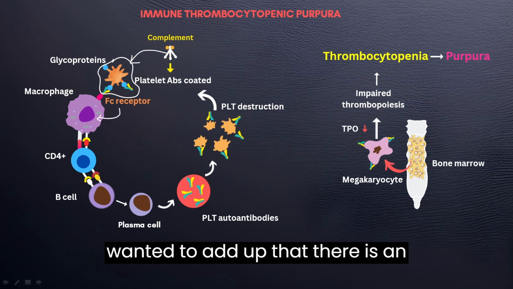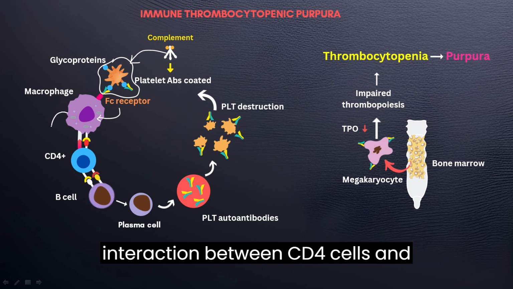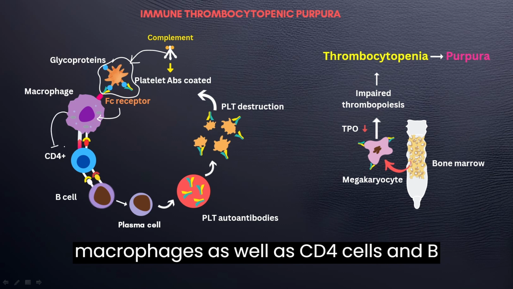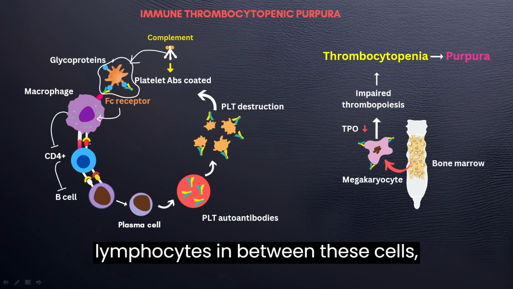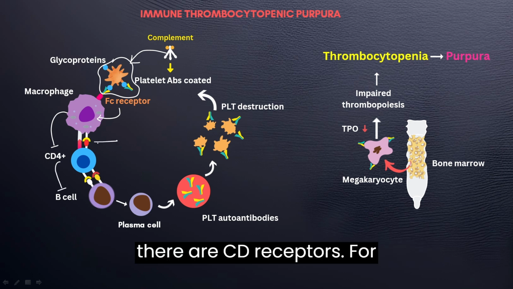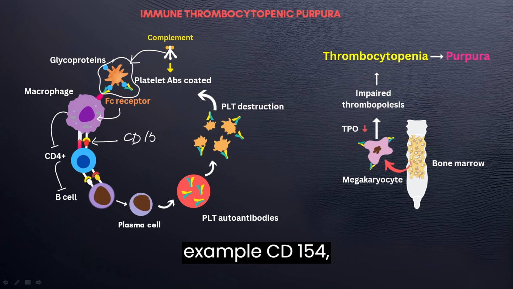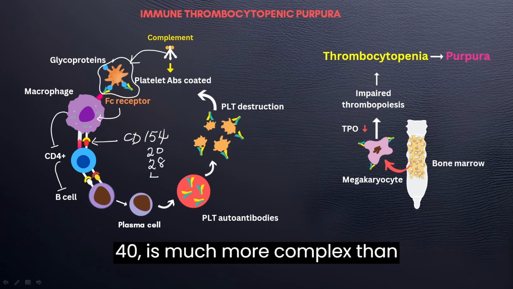I wanted to add that there is an interaction between CD4 cells and macrophages, as well as CD4 cells and B lymphocytes. In between these cells, there are CD receptors, for example, CD154, CD20, CD28, CD40. It's much more complex than that.